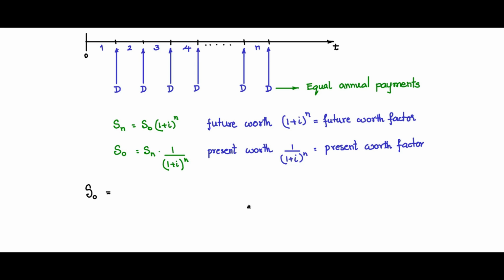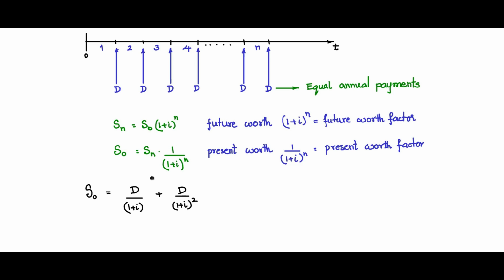Now S0, the present worth of this value D, which is a payment made after the first year, would be D by (1 plus i) to the power of 1, plus at the end of the second year you make another payment D, whose present worth would be D by (1 plus i) to the power of 2.